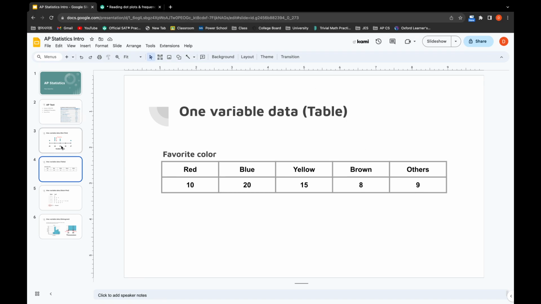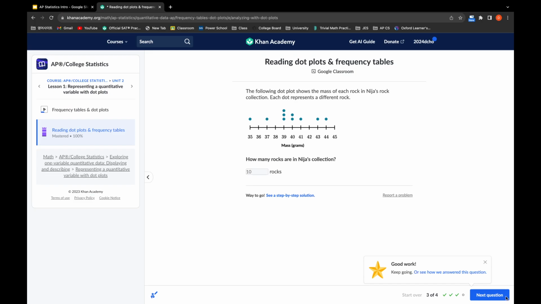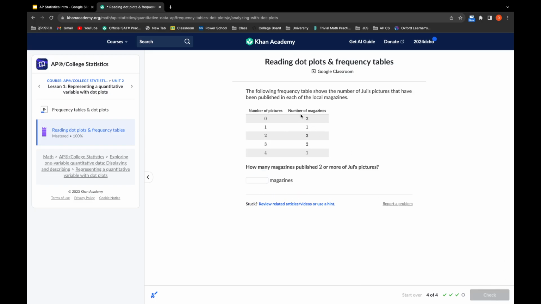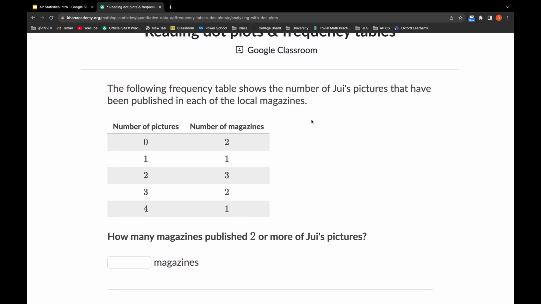Same as the dot plot, let's take a look at some example problems. The following frequency table shows the number of choice pictures that have been published in each of the local magazines. We can see the number of pictures and the number of magazines.